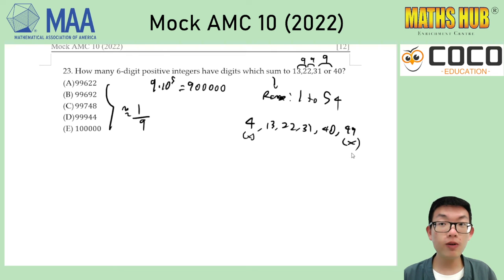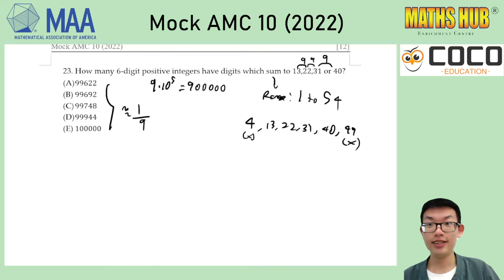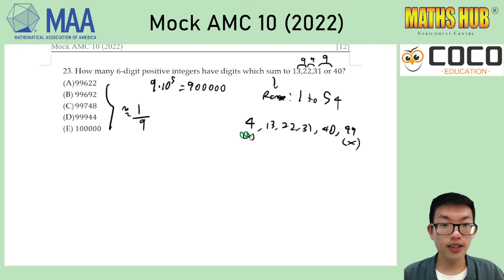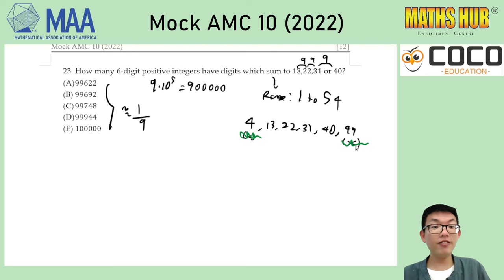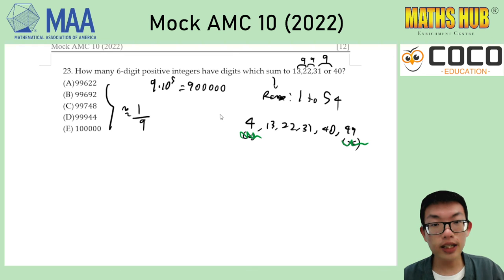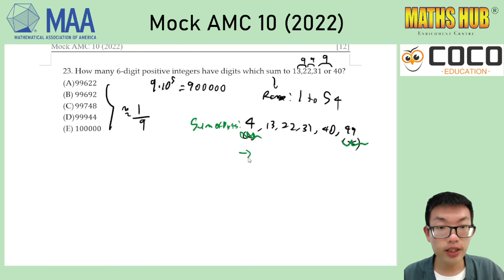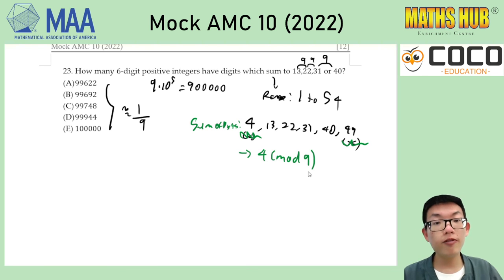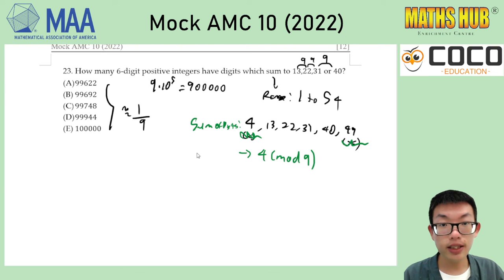Now, if they weren't missing, then there's something interesting we can say. If these were not missing, if I told you that the sum of digits is 4 mod 9, this is literally every possible way to get a sum which is 4 mod 9. And the digit sum being 4 mod 9 just means that the number itself is 4 mod 9.